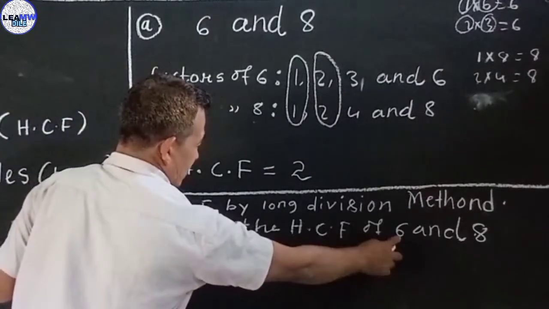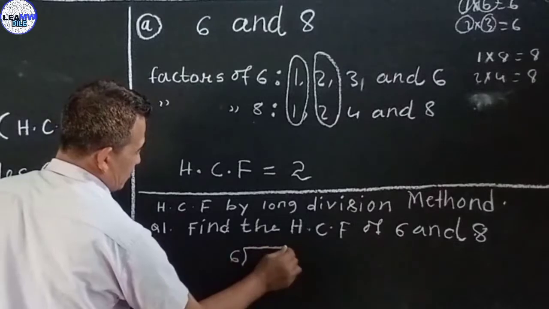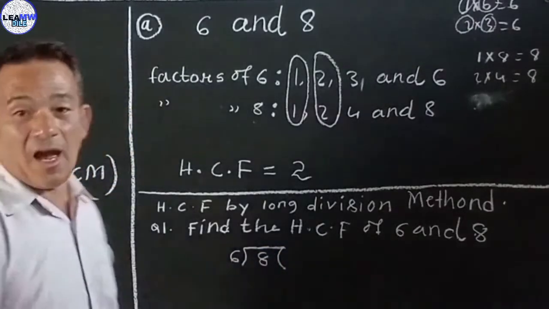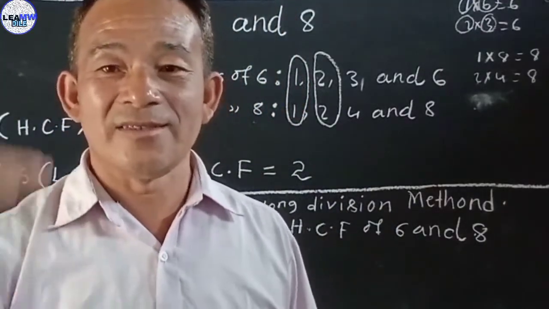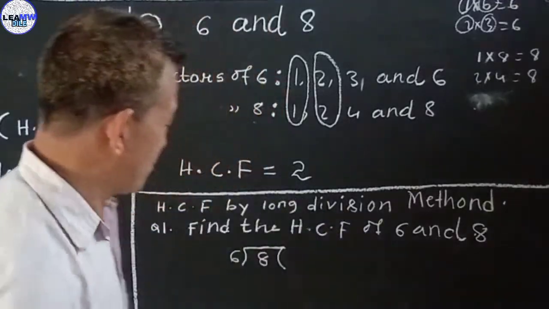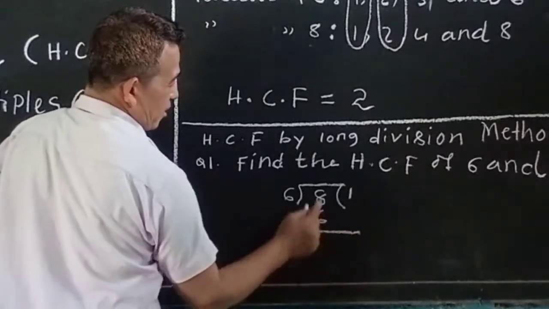Here the smaller number is 6, so you divide 8 by 6, and you keep dividing until you get 0 as remainder. 6 ones are 6.